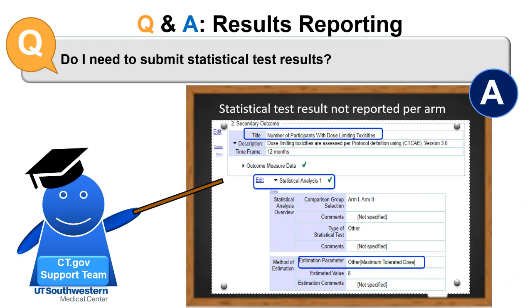An alternative option is tweaking the statistical result outcome into a quantifiable outcome measure that can be reported per arm in a tabulated manner for the number of subjects analyzed. For example, instead of reporting maximum tolerated dose, report the number of participants with dose-limiting toxicity, and perhaps use the statistical analysis section to report the maximum tolerated dose. So in this way, you can still report the outcome per arm.